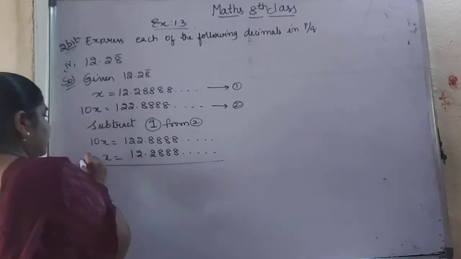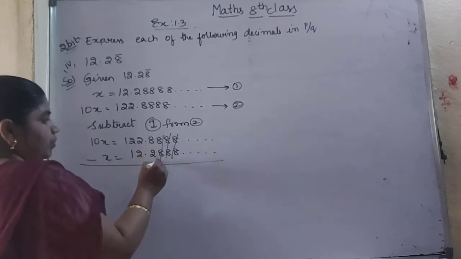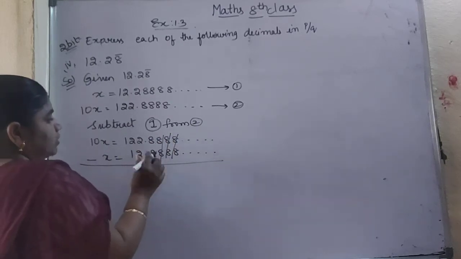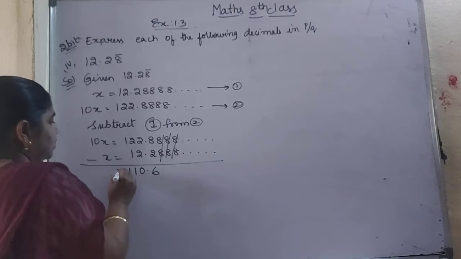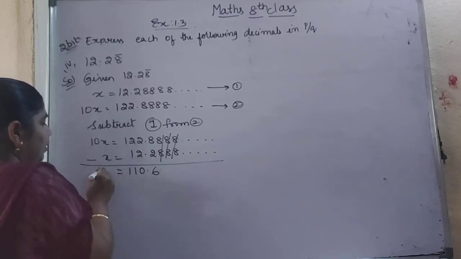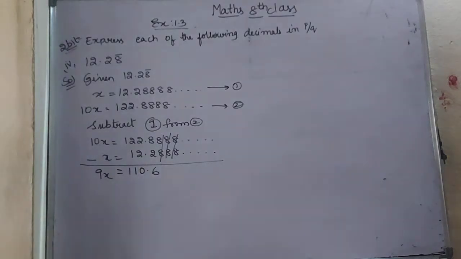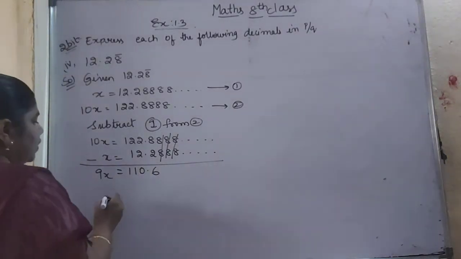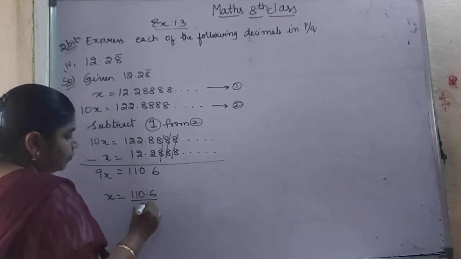So if you subtract this, 8 minus 8 will be 0, 8 minus 8 will be 0, 8 minus 8 will be 0, 8 minus 2 is 6. 2 minus 1 is 1, 1 as it is, equals 10x minus x, which is 9x. Now send this 9 to the other side, that will be converted to division. So x is equal to 110.6 by 9.